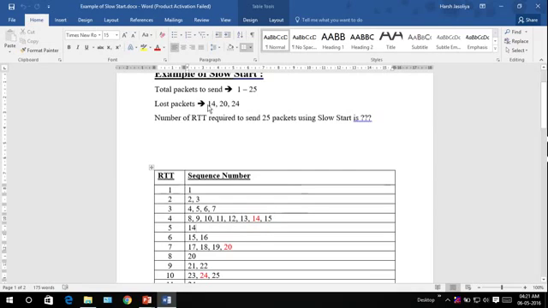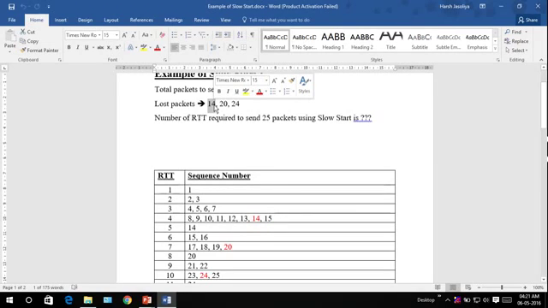But here the 14th packet gets lost, so we will have to decrease the congestion window size to 1 and retransmit this packet.